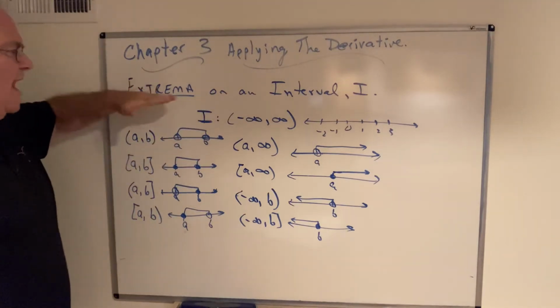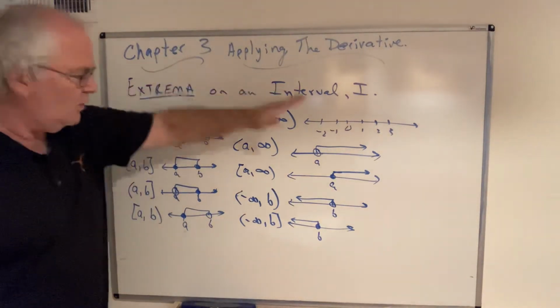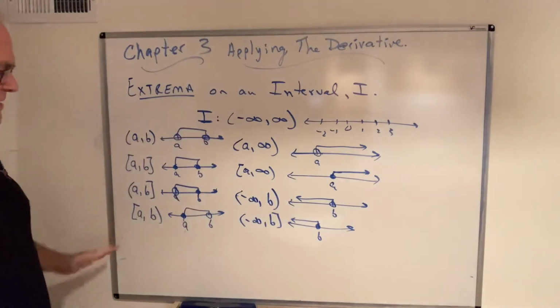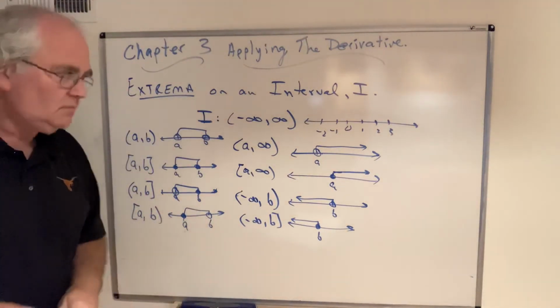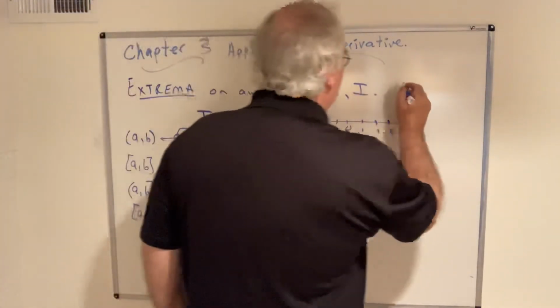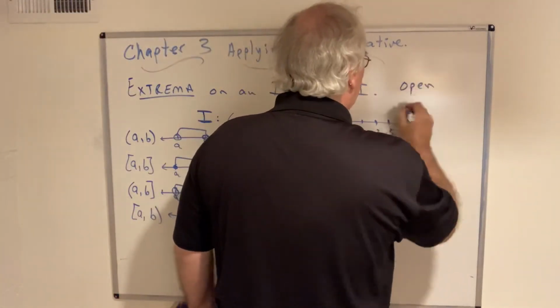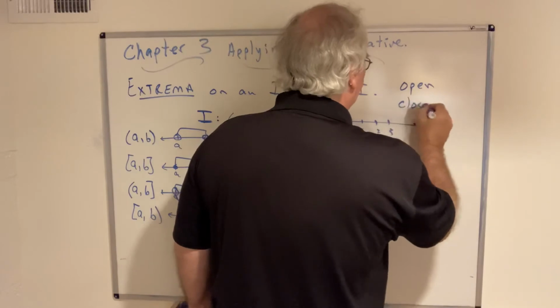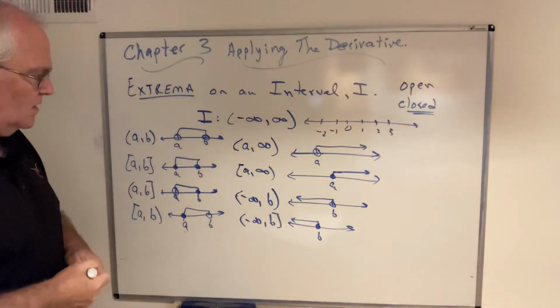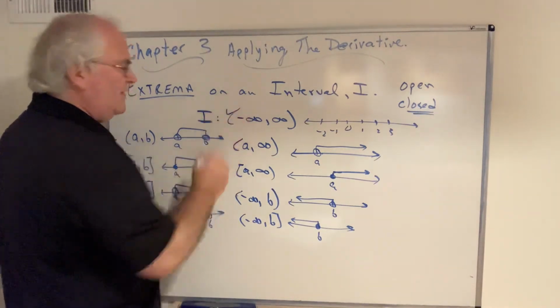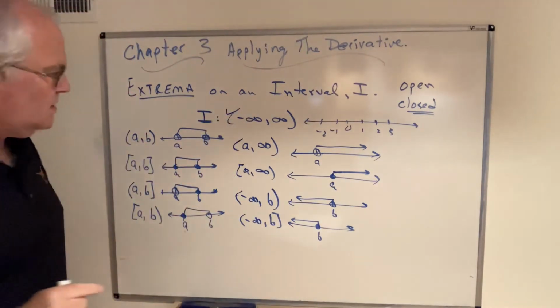So when we say an extrema on an interval, we're talking about something like this. There is some terminology that we use. There's something called an open interval and something called a closed interval. An open interval, it's a technical term that we don't need to go into.